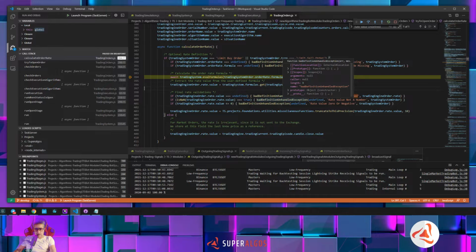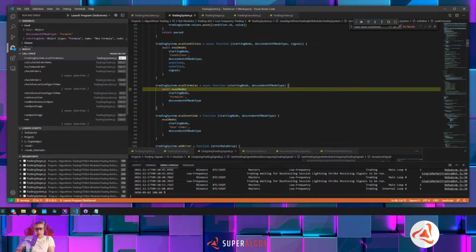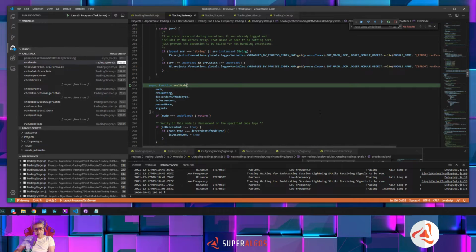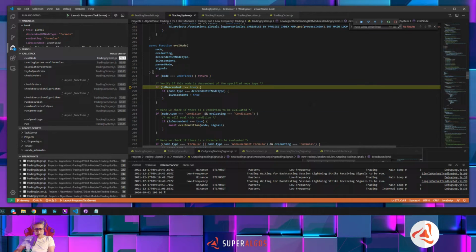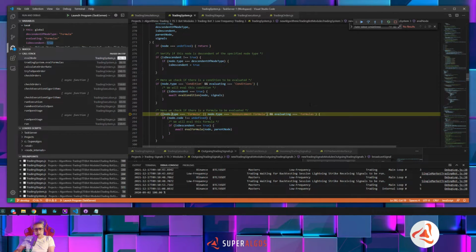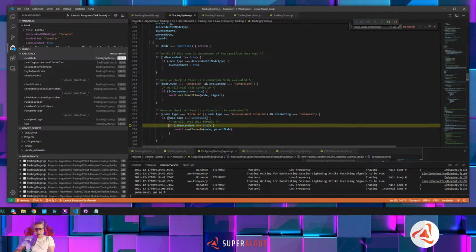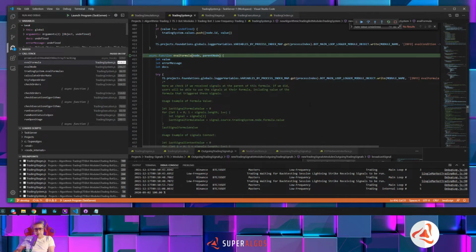F11 sent me somewhere else. Okay, eval node. This goes well. Is it a formula? Yes, it is a formula. Eval the formula.